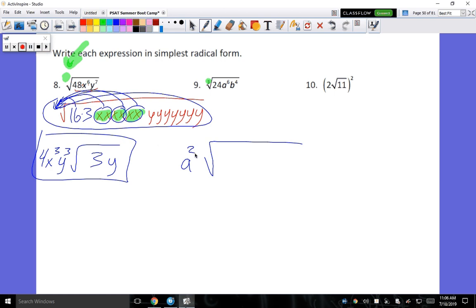How many B's come out? 1. How many B's are left? 1. And think about cubed root. 8 came out because 24 is 8 times 3, right? And 8 came out as what? 2. So I have 2a squared b times the root of 3b.